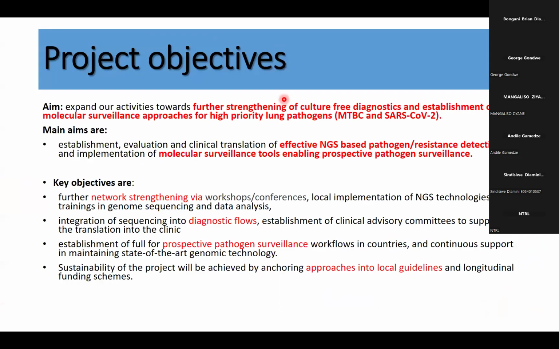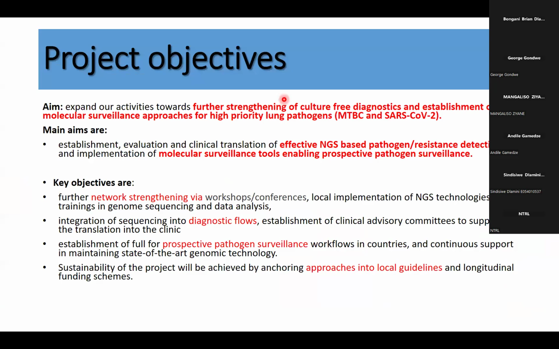Here are the objectives. Under the project, we have some main objectives. Ladies and gentlemen, you can understand that most of the time, people complain about culture results taking longer, and DST taking the longest. So under the project, we want to strengthen culture-free diagnostics and establish molecular surveillance approaches for high priority lung pathogens.